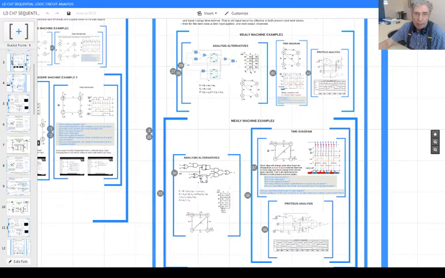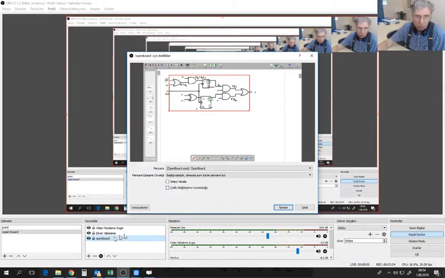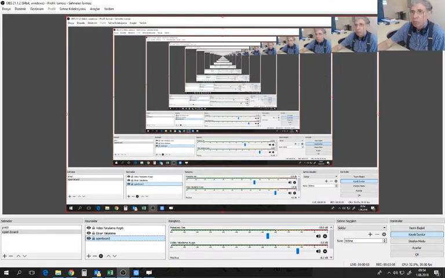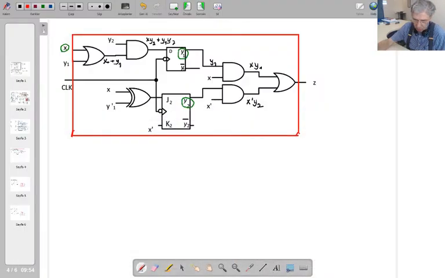circuit now. Move this up and put that out port in and set up the OBS, open board. Okay, now we came to that point. So this is the Mealy machine example.